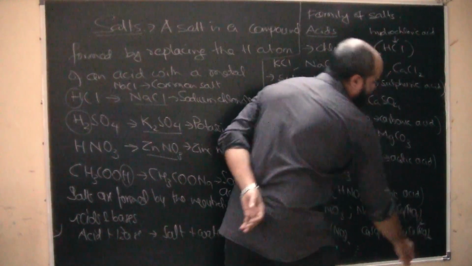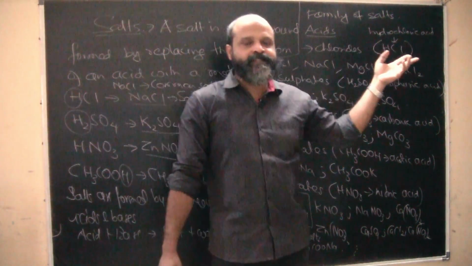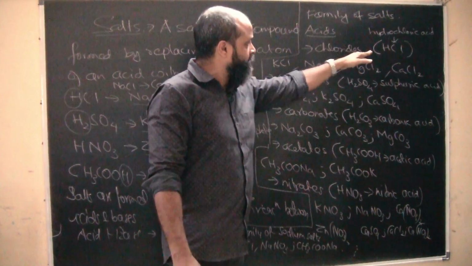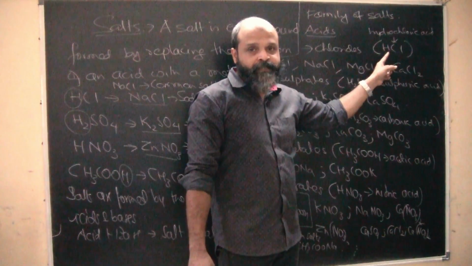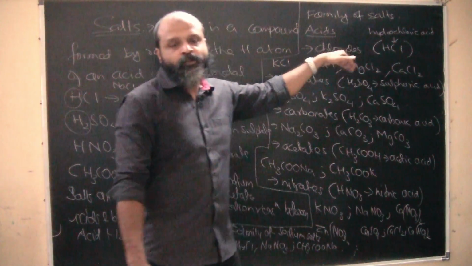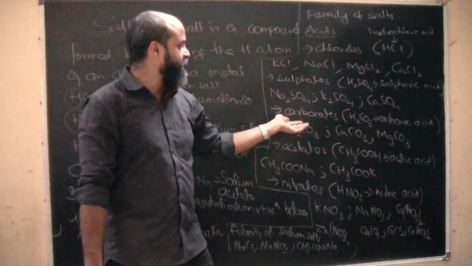So we identify salts both ways, from the acids point of view as well as from the bases point of view. In acids, the metal that replaces the H atom is considered in the acids part. So chlorides means salts of hydrochloric acid, sulfates means salts of sulfuric acid, and so on.